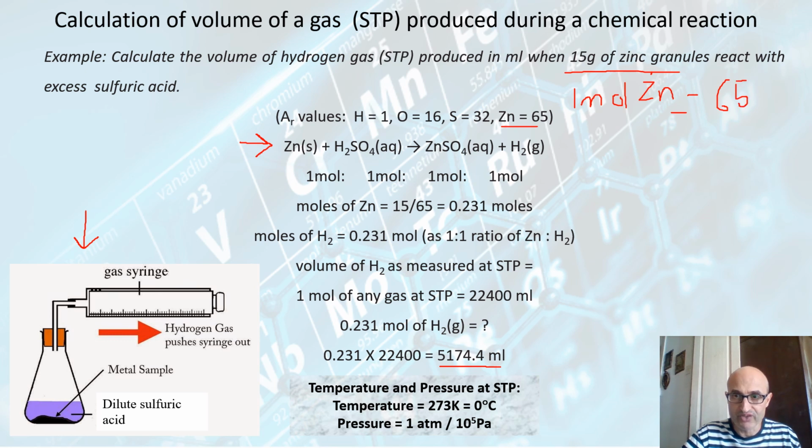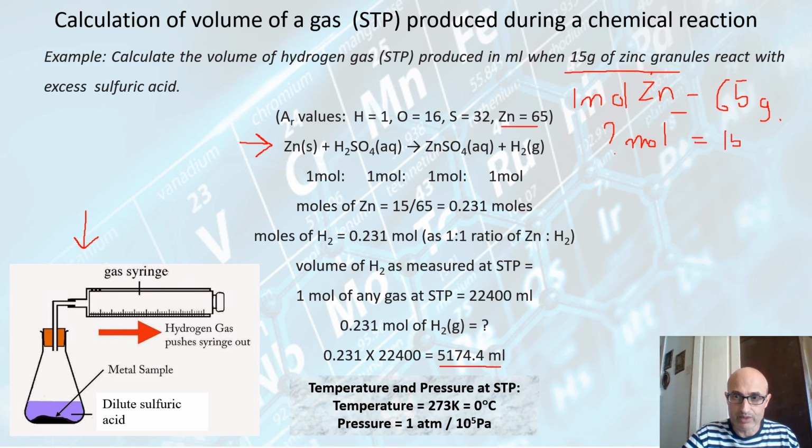Remember what we said in previous presentations, that the relative atomic mass converted into grams is the mass of 1 mole of that substance. So 1 mole of zinc will weigh 65 grams, but we only have 15 grams of zinc. So it will work out to be less than a mole, by simple proportion.